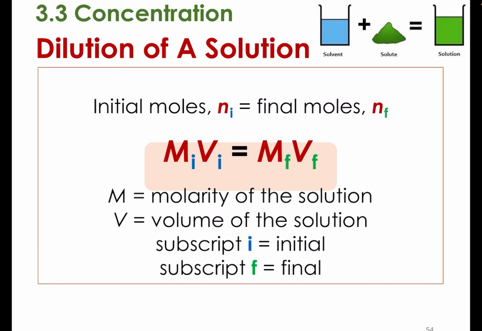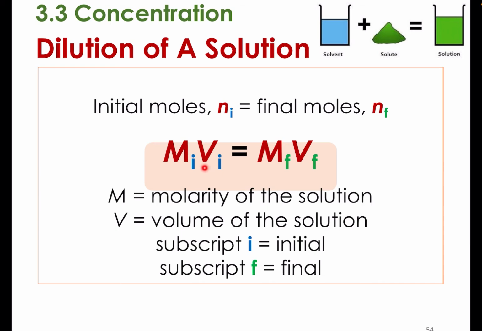But in this case, we rearrange the formula to put the number of moles as the subject, which means that moles of solute equals molarity times volume of solution. So that's why this formula comes from the molarity.